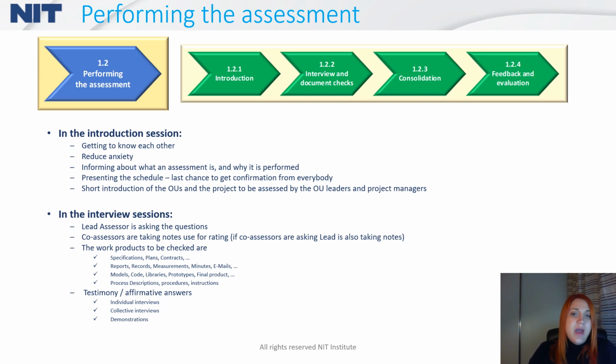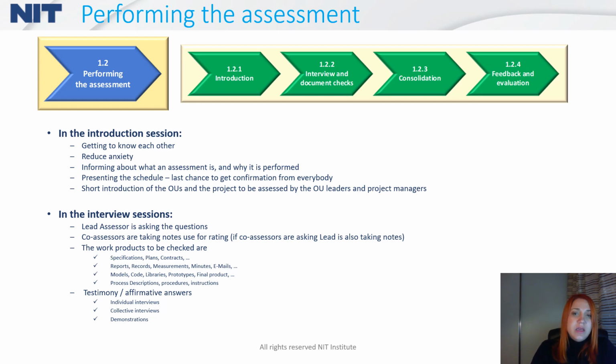In the interview and document checking phase, which is basically the crucial for the assessment, we have the lead assessor who is asking the questions and the co-assessors who are taking the notes. Usually, lead assessors are not taking the notes, only when they are not asking, when they are not questioning, they need to write the notes. Because co-assessors are also the ones who can ask the questions in the interview sessions.